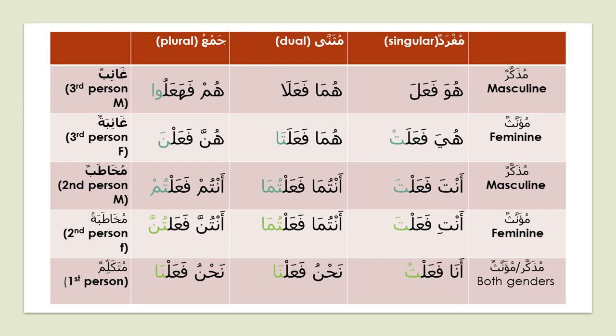Antuma fil masjid, you two are in the masjid. Anta Muslim, you are Muslim. Antum muslimuna, anti muslimatun, like that. Just how you'd use a pronoun in English, that's how these are. The pronouns are just as we have in the English language. It's only the attached pronoun that is different.